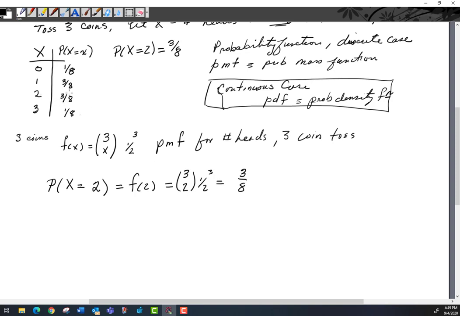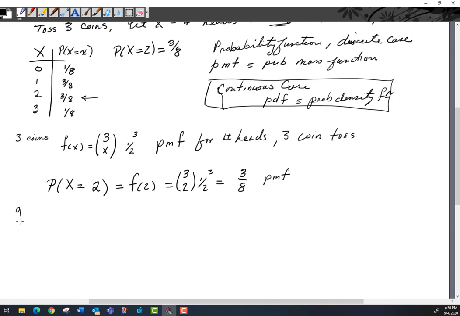Now we can verify that it agrees with what we got earlier, and it does. And that would be true for all the values that this random variable takes. This is a probability mass function. Now, in order to be a probability mass function, there are some requirements.